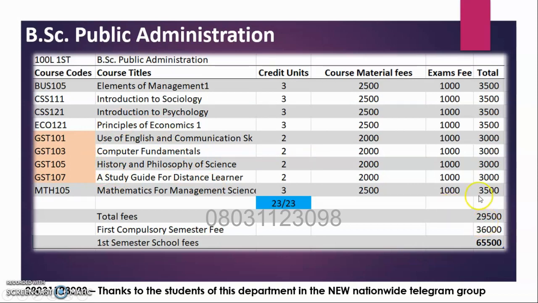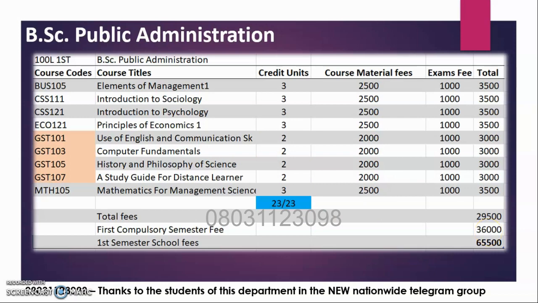And here is your total fee. Remember that 6,000 is a first compulsory fee for all 100 level first semester students. So if you are newly admitted, you are paying this 6,000 as the first compulsory fee.